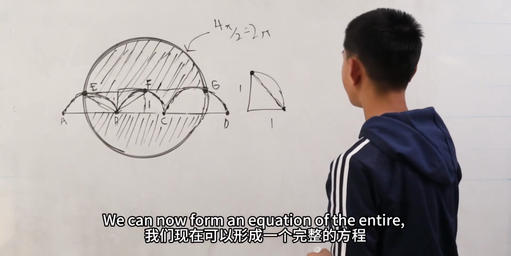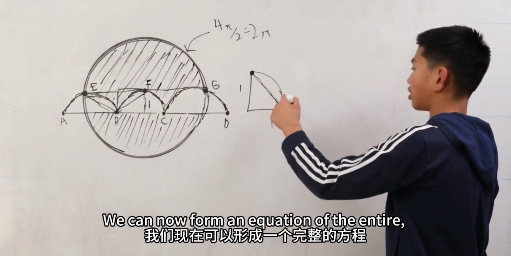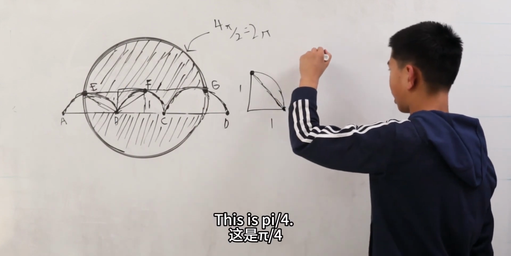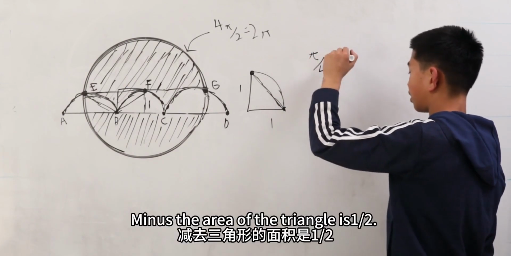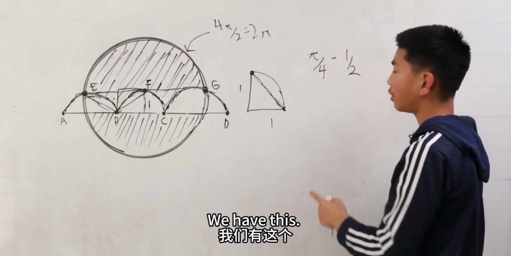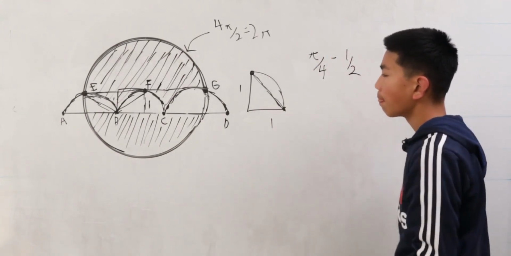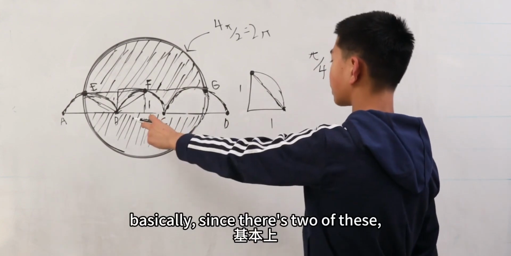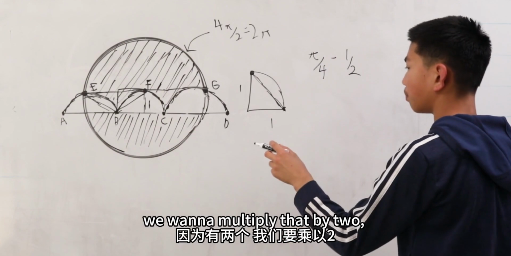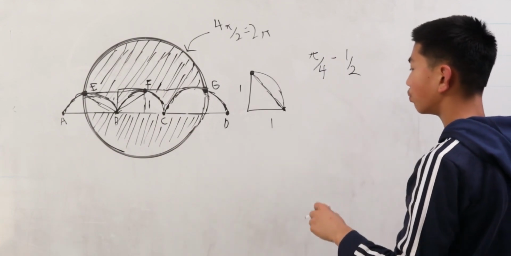We can now form an equation for this quarter of a circle. This is pi over 4 minus the area of the triangle, which is 1/2. Since there are two of these, we want to multiply that by 2.